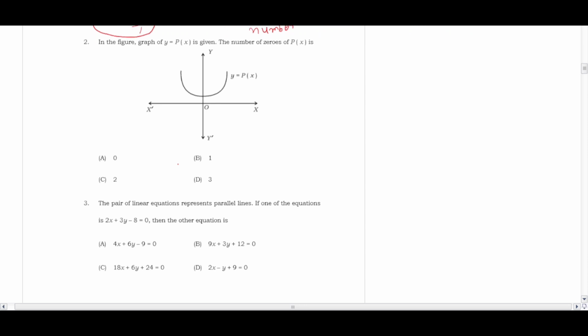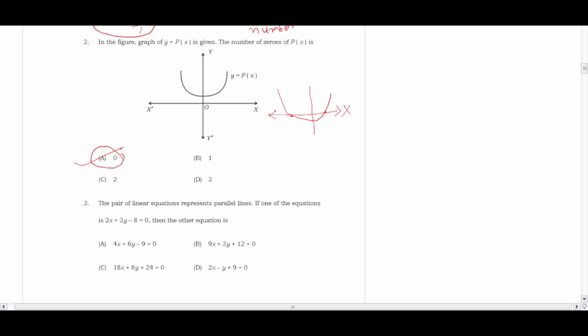The second question is given as a figure, the graph y equals p(x), and the number of zeros. Here the figure touches or cuts the x-axis? No. Then the number of solutions is 0, option A. If this type of figure is given, then the number of solutions is what? 2, because here it touches or cuts the x-axis 2 times. Solutions are always on the x-axis.